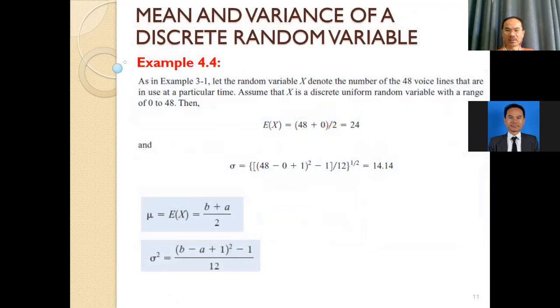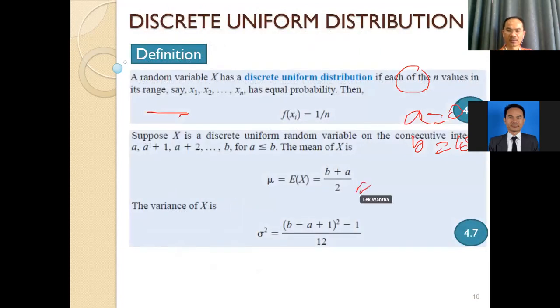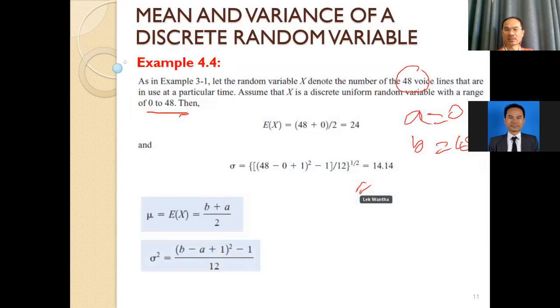Like for example, from the previous example, we have the number of voids. We have 48 voids, so the number is between 0 and 48. The minimum is a equal to 0, b equal to 48. Then you can calculate the average: (a plus b) divided by 2, we get 24.